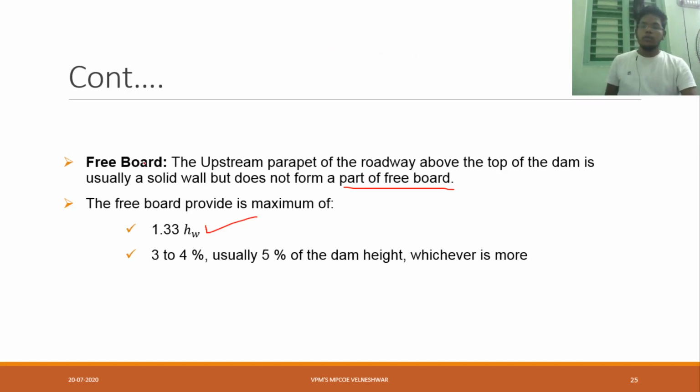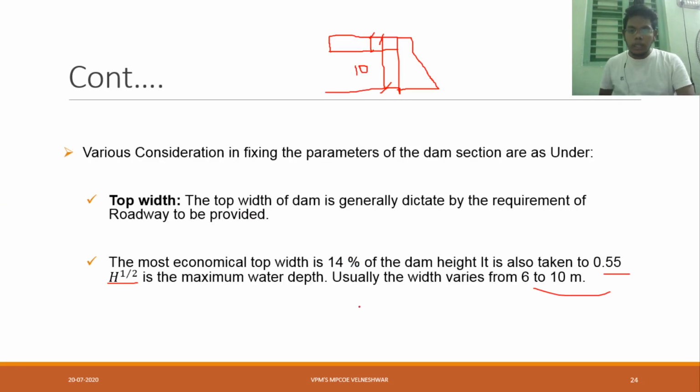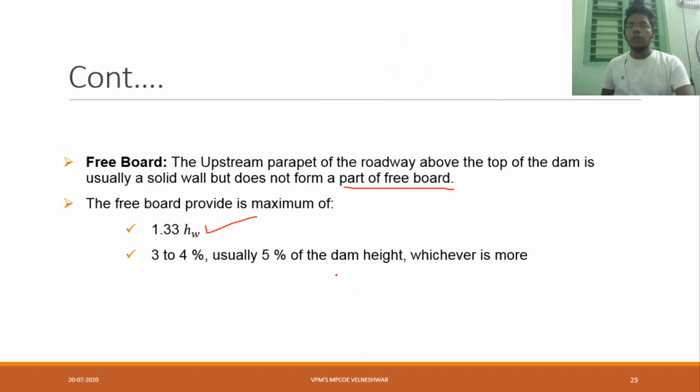Okay, now 1.33, no, 3 to 4%, usually 5% of dam height. Before we saw almost 14%, now here we have to provide 3 to 4%, usually 5% of dam height. Whether you use 3 to 4% or 5%, whichever is more, we have to decide that value.